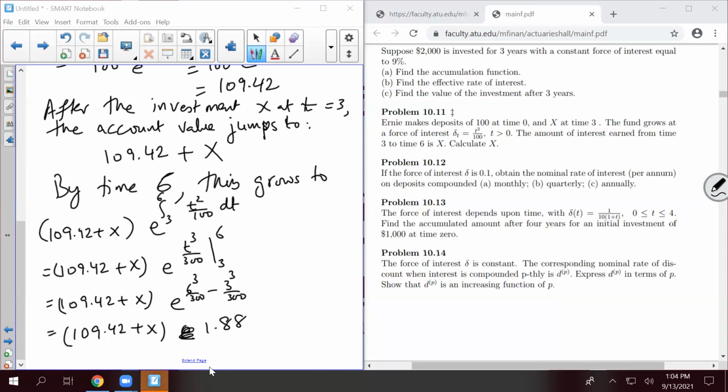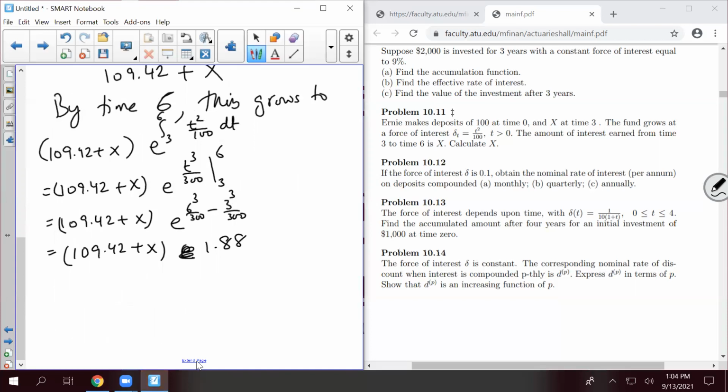So I can distribute it. So what's 109.42 times 1.88? 205.44, plus 1.88x, right?